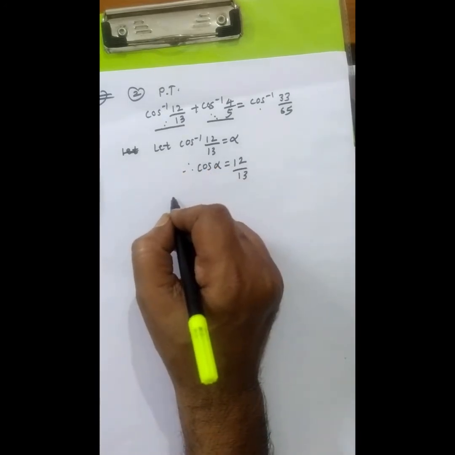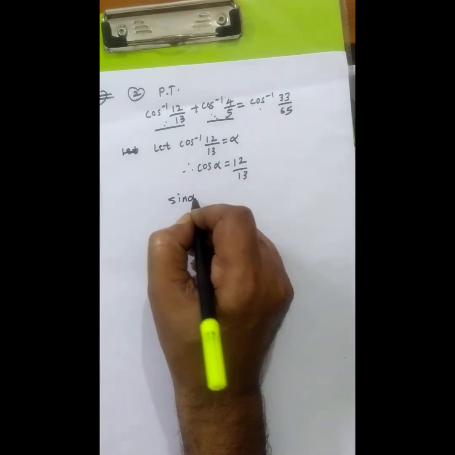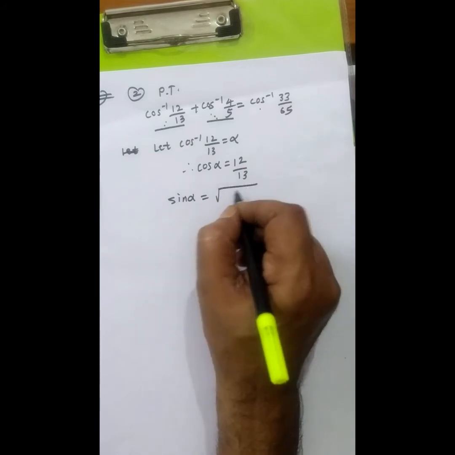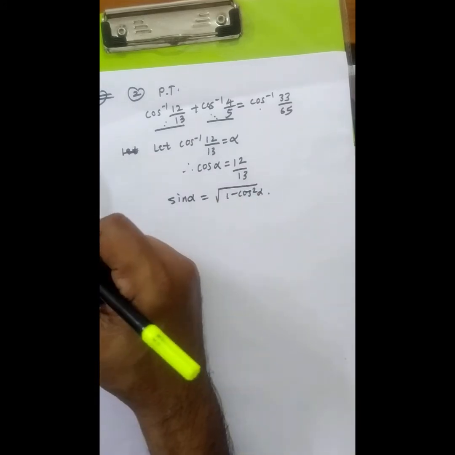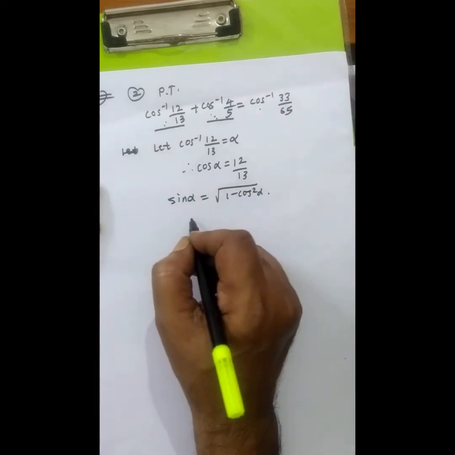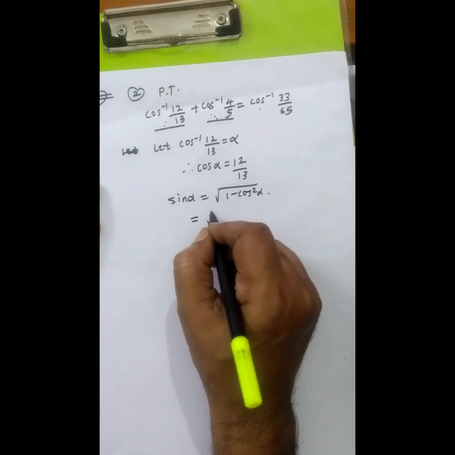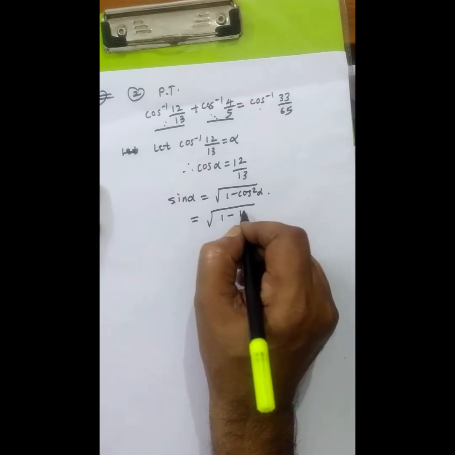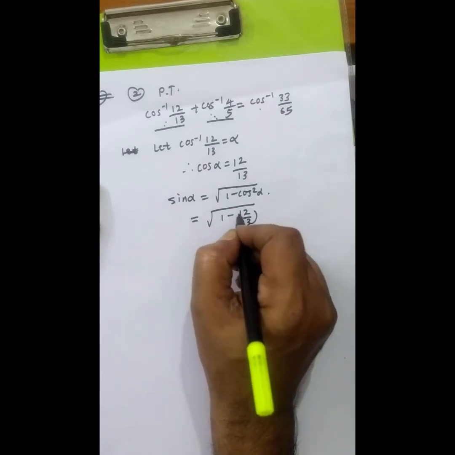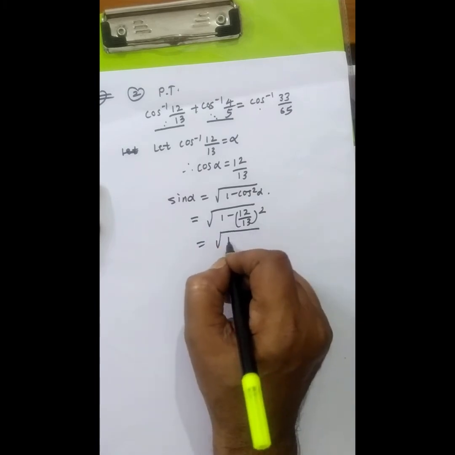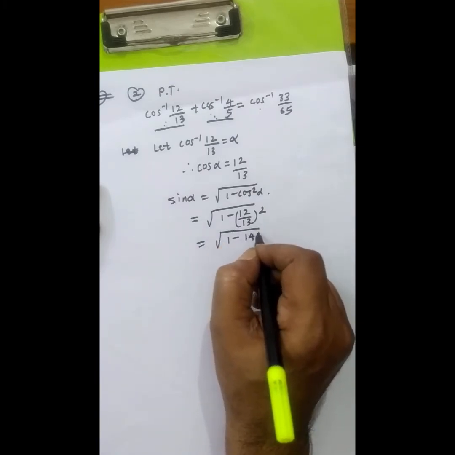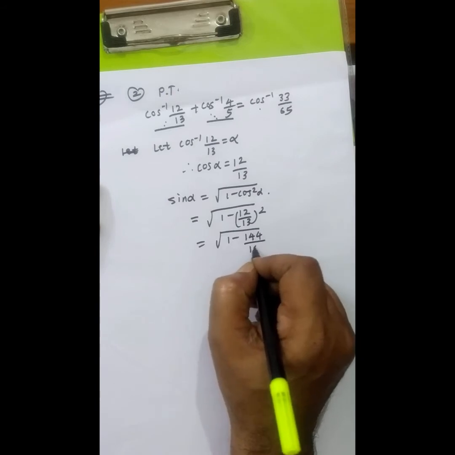So we can write sin alpha equals root of 1 minus cos square alpha. So this will be root of 1 minus 12 by 13 whole square. So it will be root of 1 minus 144 divided by 169.